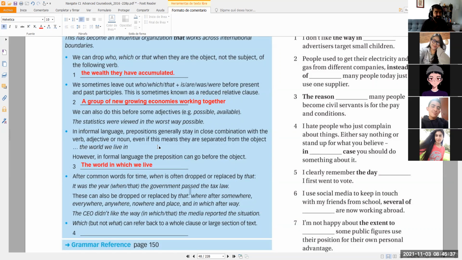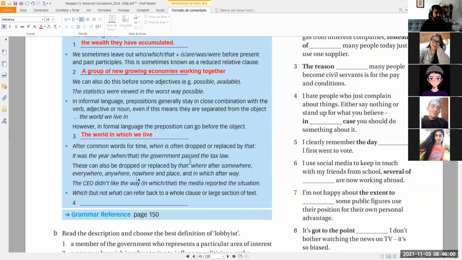And in general terms, we tend to be economical in English all the time, but these kinds of changes also obey different kinds of context and registers. So in this case, if we are talking about formal language, it's better to put the preposition before the object, just like this. So this is a very interesting contrast, as you can see.